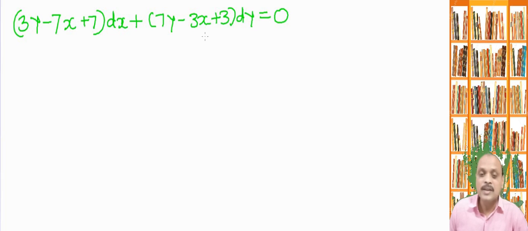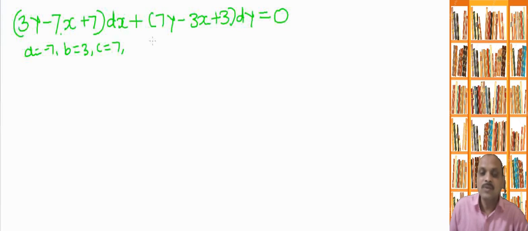So friend, here you can see that if this is ax + by + c, here a = −7, b = 3, c = 7. Now you can see that here a' = −3, b' = 7, and c' = 3.